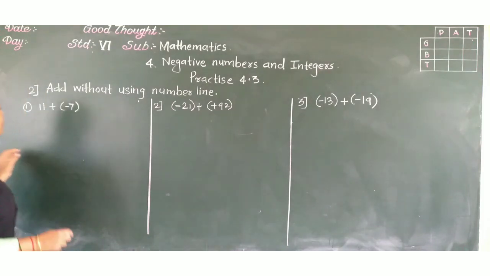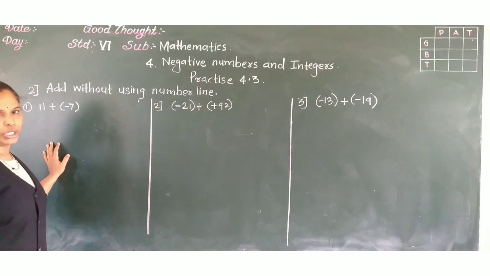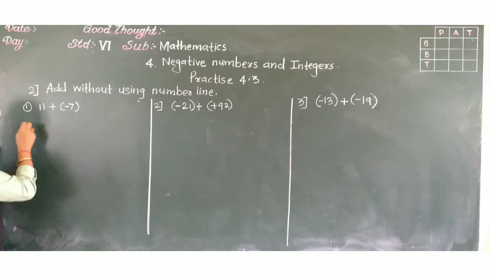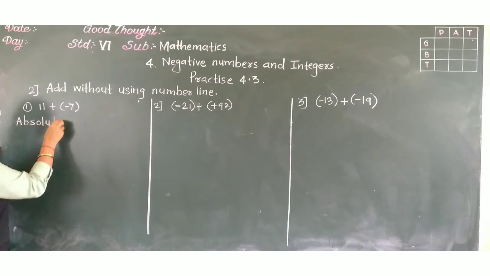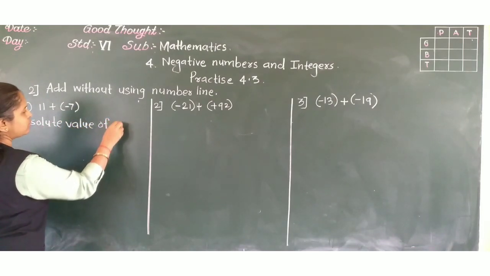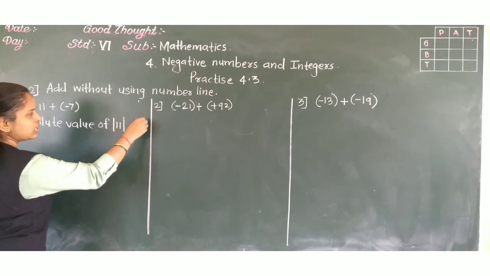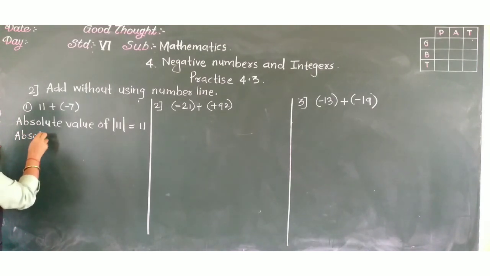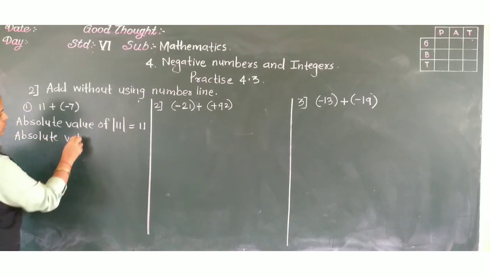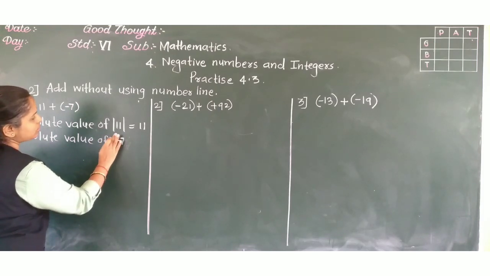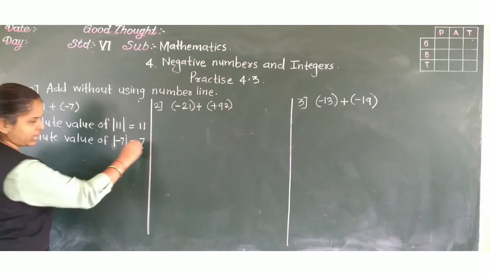Now see here. As we did in question number 1, in the same way we are going to solve it. Absolute value of 11 is 11 and absolute value of minus 7 will be 7.